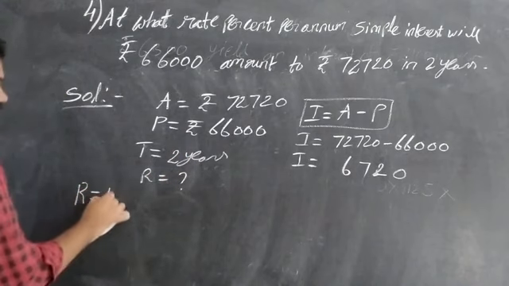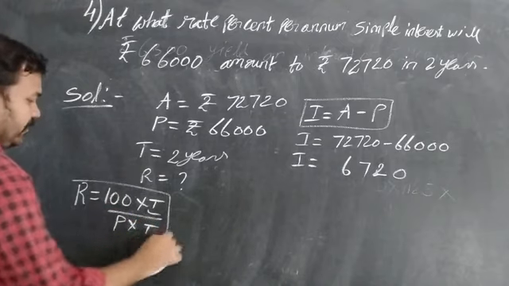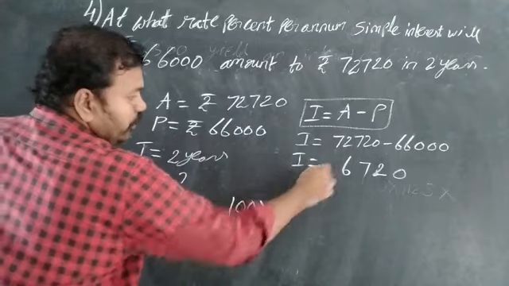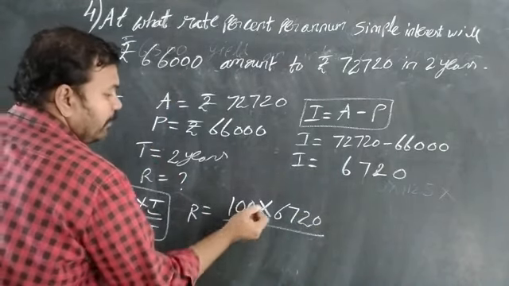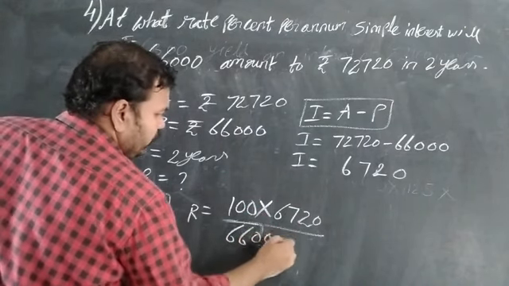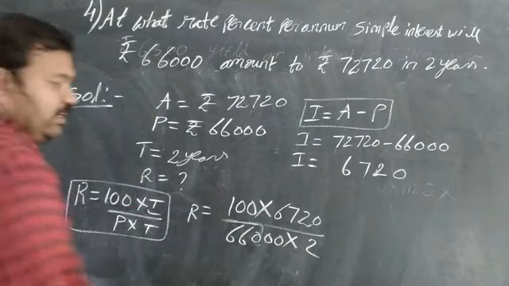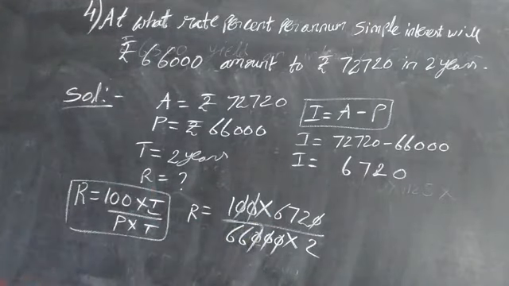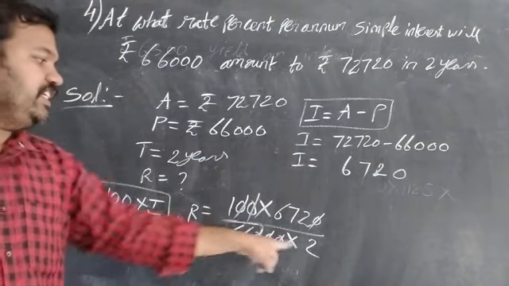The formula for that is R is equal to 100 into I by P into T. Substituting, R is equal to 100 into 6720 by 66000 into 2. Now cancellation: zeros cancel. That is 100 into 6720, the interest, by 66 into 2.